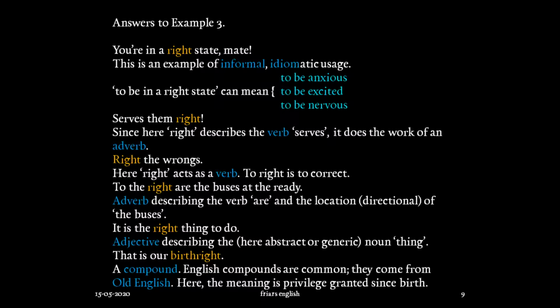Answers to example 3. First, you are a right statement. And this is an example of an informal idiomatic usage, and it simply means that the person being talked about is either anxious or excited or nervous.